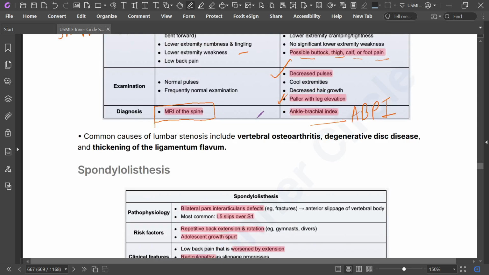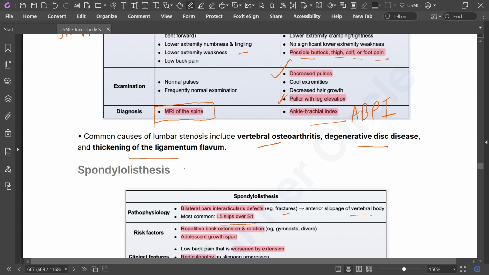Common causes of lumbar stenosis are vertebral osteoarthritis, degenerative disc disease, and thickening of the ligamentum flavum. Now, spondylolisthesis: there is a bilateral pars interarticularis defect and anterior slippage of the vertebral body, most commonly L5 slipping over S1.